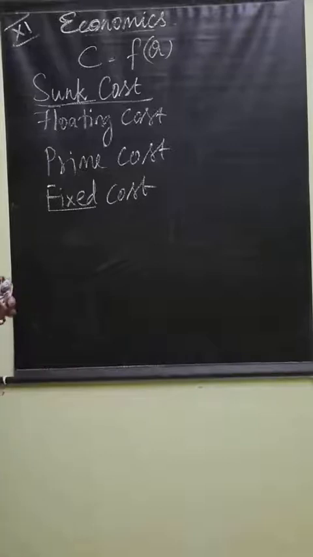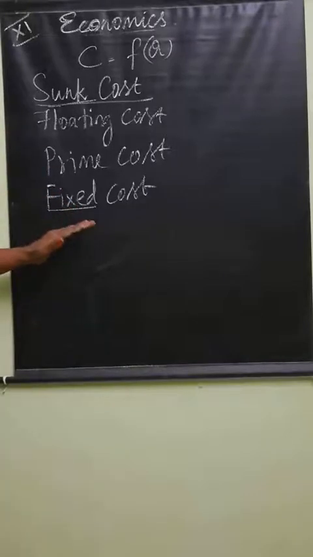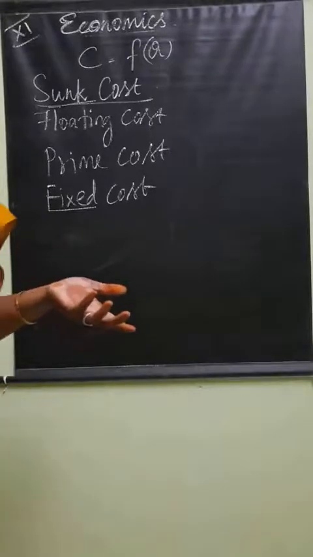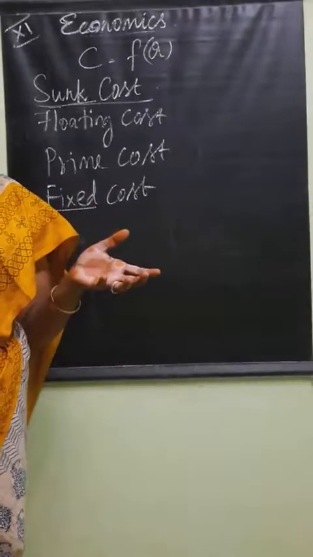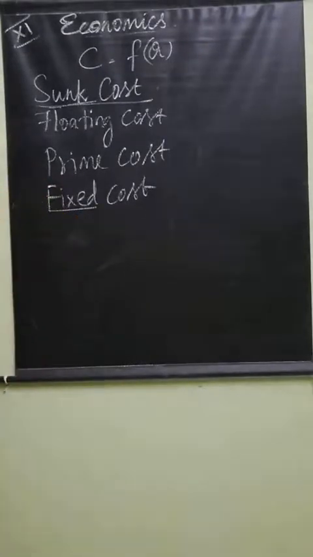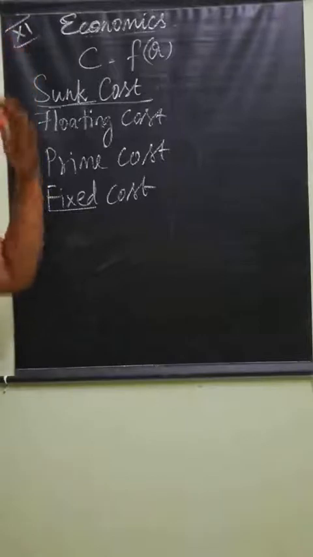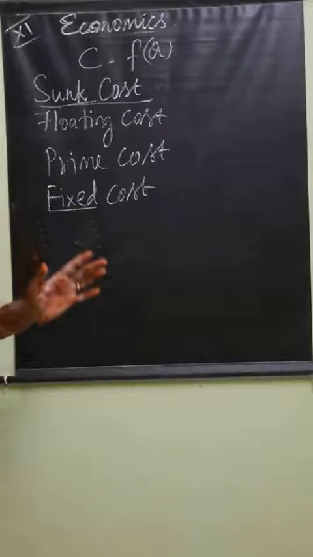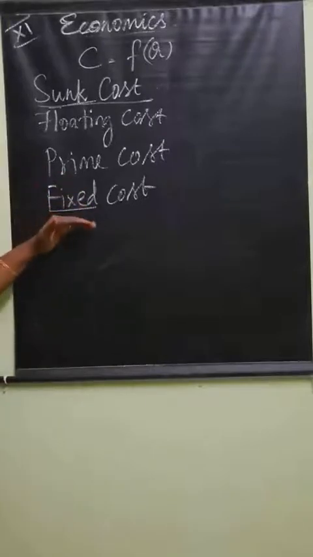Though you have produced 10 or 100 or 1000, the rent for the building is fixed. And also the salaries and wages, whether they worked or not, we have to give the salary. Whether the production is more or less, some expenses must be paid. Those are called fixed.